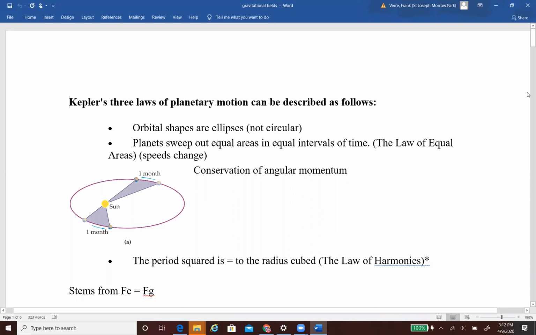Let's say when it's farther from the sun versus when it's closer to the sun. Now, the amount of area swept out is equal. Why that happens is because the closer the Earth is to the sun, the faster it moves, and the farther it is, the slower it moves.